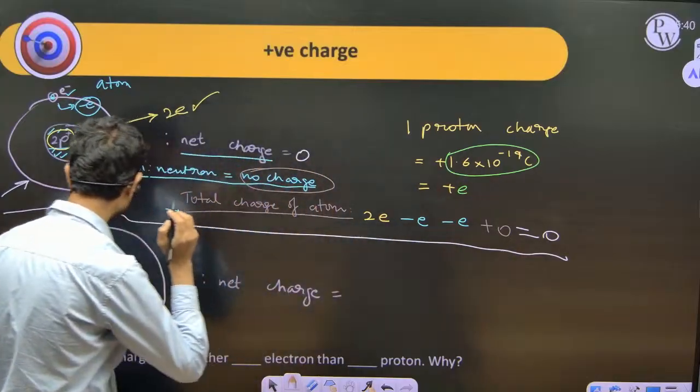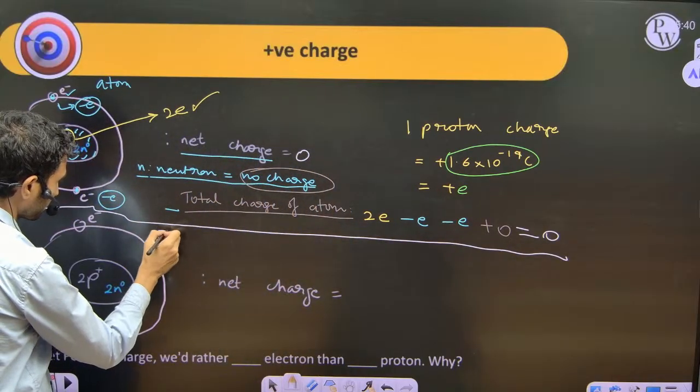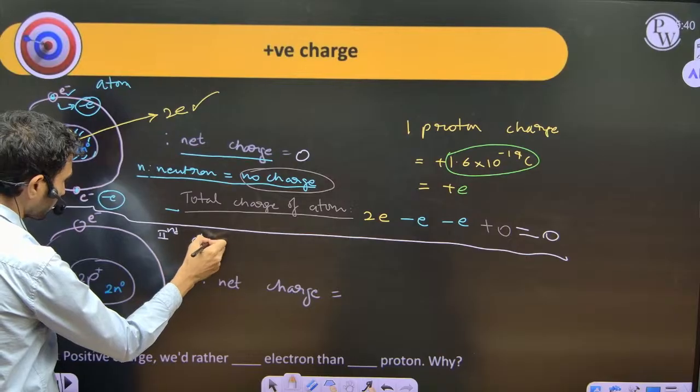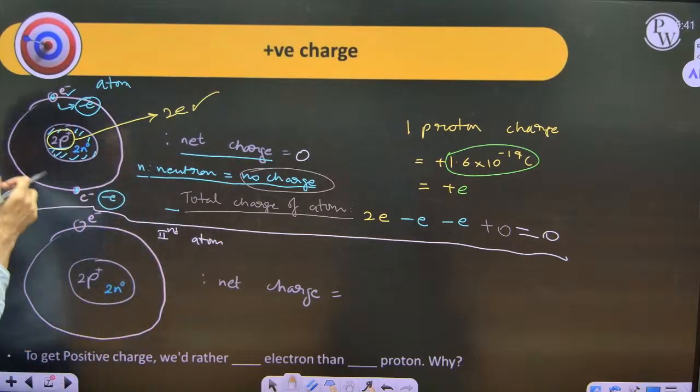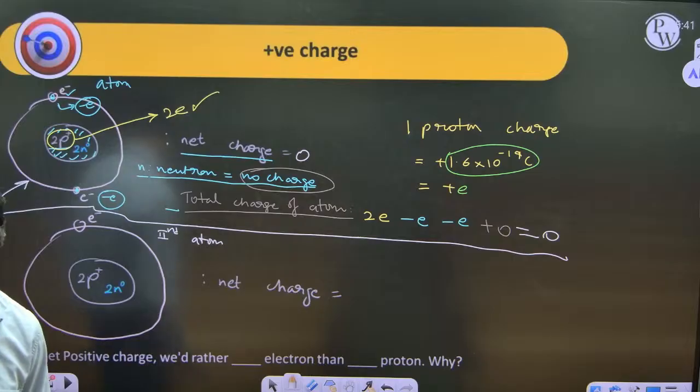And so we have a second atom here. Now think about what will be the net charge of the second atom. Think about it.